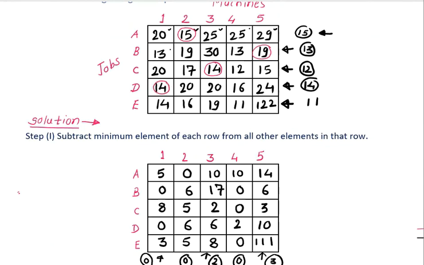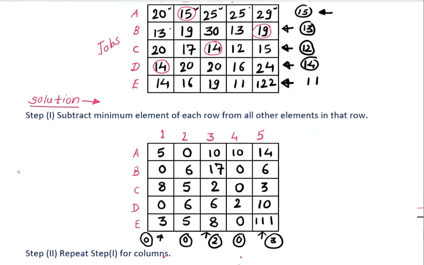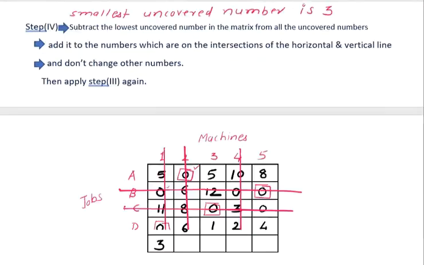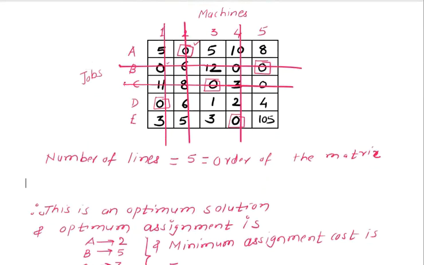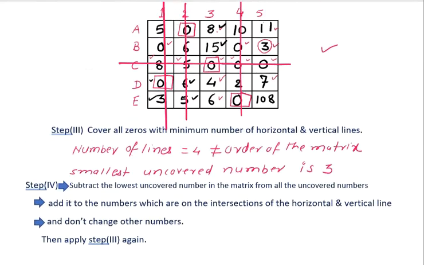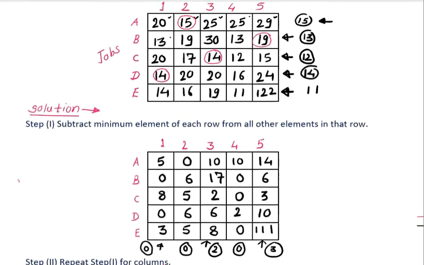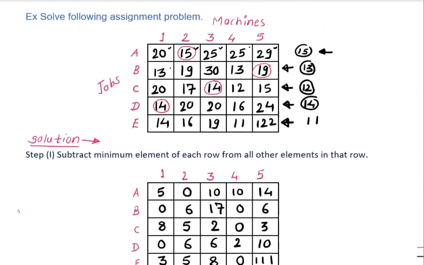And finally, job E is assigned to machine 4. So the cost is C54. What is C54? Fifth row, fourth column. So the cost is 11.